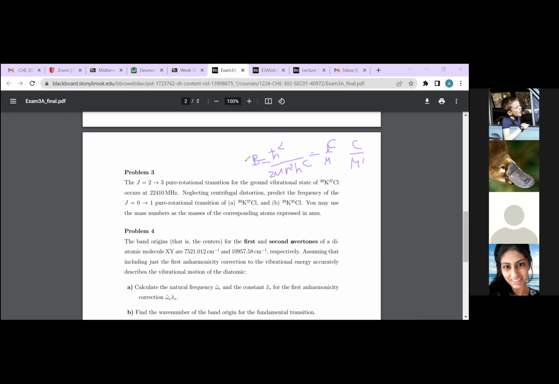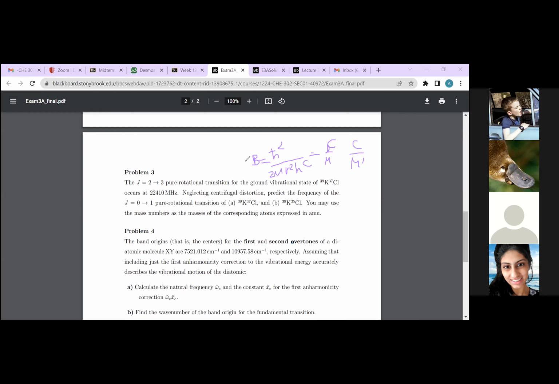I just multiplied by 2B, because if you work out 0 to 1, I forget. Oh, I see what you mean. I had a different version. 0 to 1, that should be right.